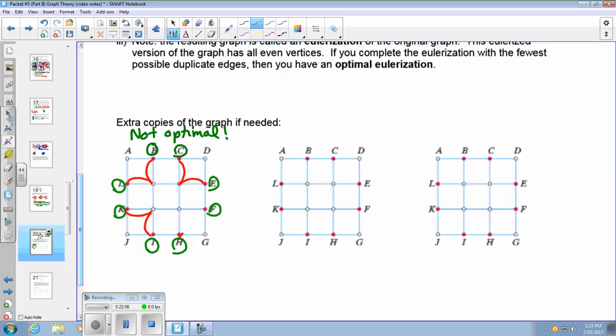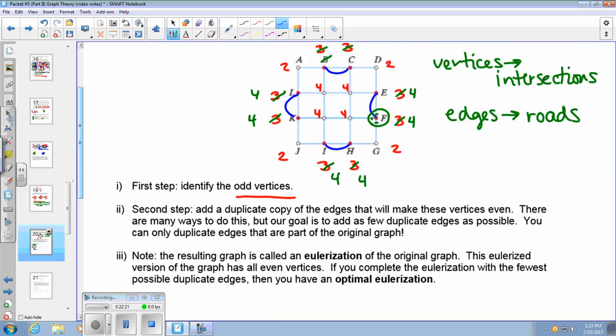And the reason for that, if you look more closely, notice that I had to add 1, 2, 3, 4, 5, 6, 7, 8 edges that are going to get repeated or duplicated, versus what we did up above only required 4 extra edges or 4 duplicate edges. So again, optimal, we want to do it as few extra edges as possible.